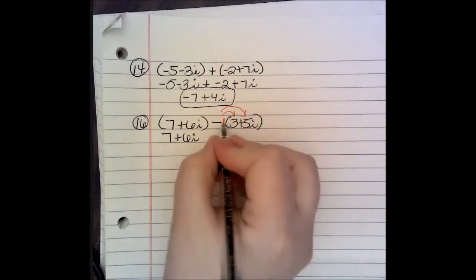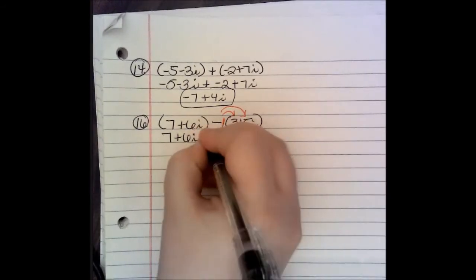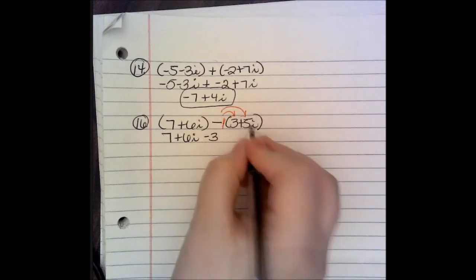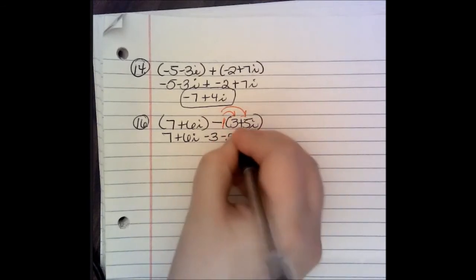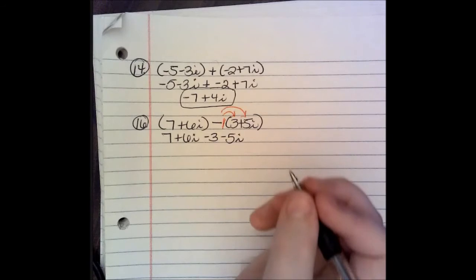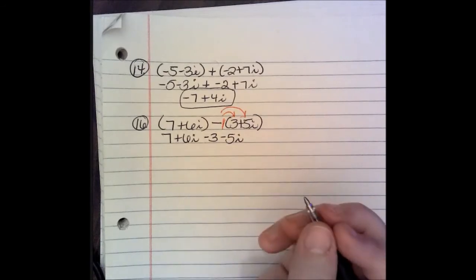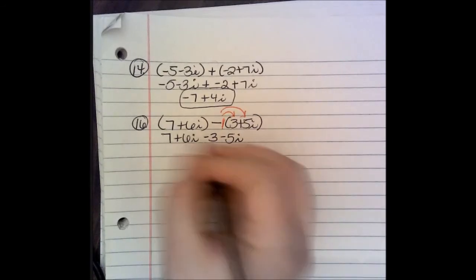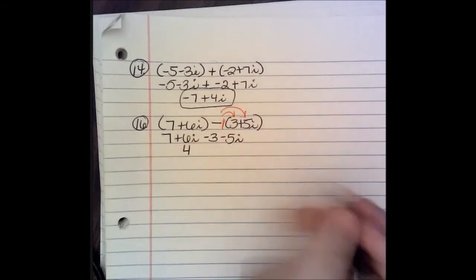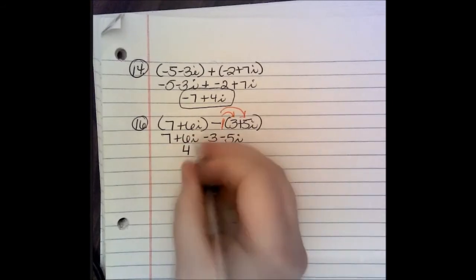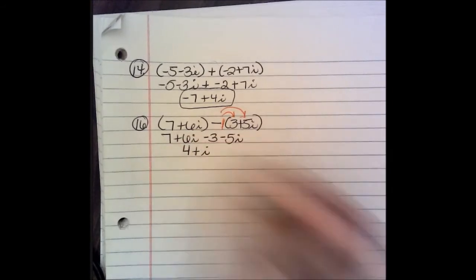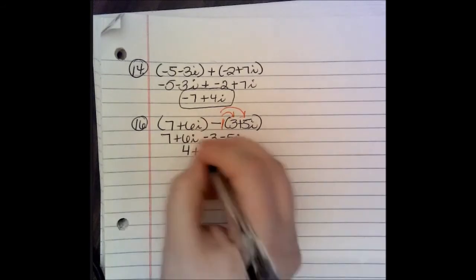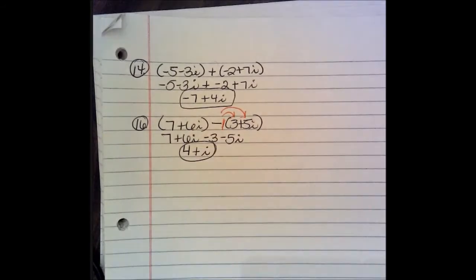So -1 times 3 is -3. -1 times 5i is -5i. So now we combine our like terms. 7 minus 3 is 4. 6i minus 5i is i. So our answer is 4 plus i.